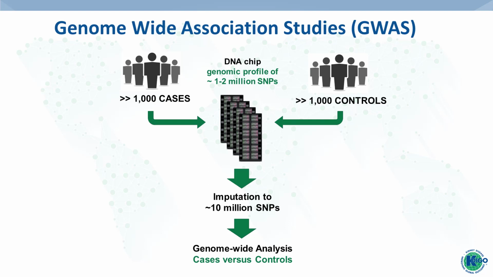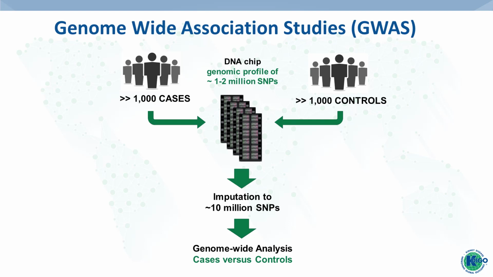These individuals get genotyped with DNA chips, or perhaps are being genome sequenced nowadays across the entire genome. Typical DNA chips contain 1 to 2 million SNPs across the genomes. These are variants that are common in various populations, and they're used as a backbone for more dense imputation of common genetic variation, typically up to roughly 10 million SNPs.